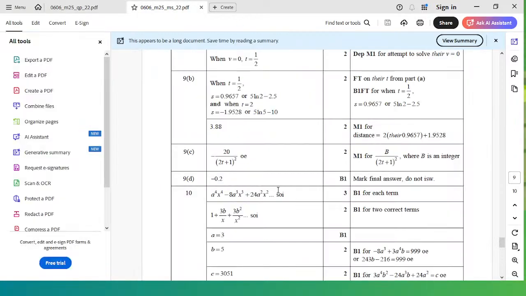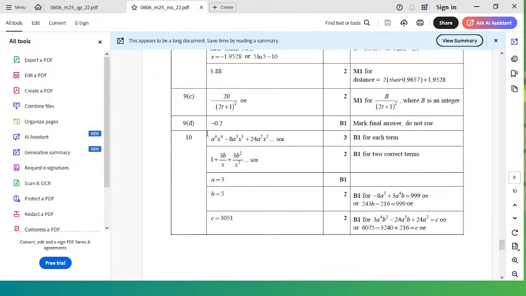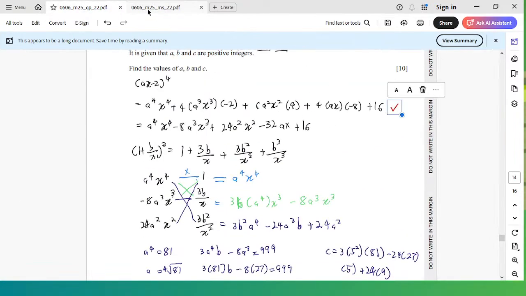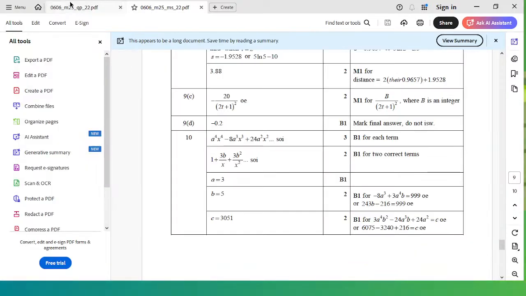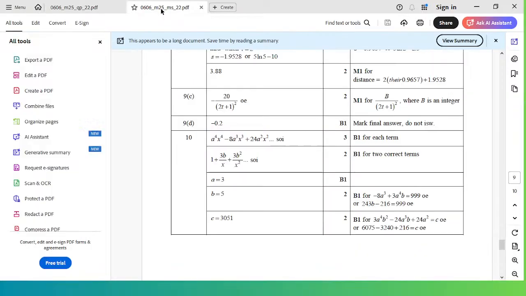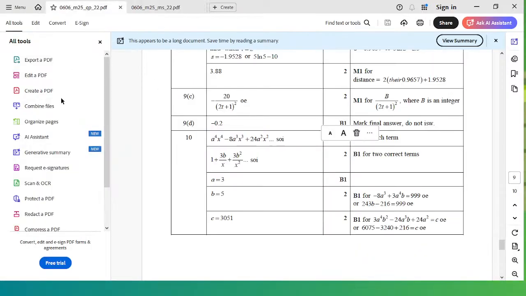Okay, last one. Okay, now the main things, right? This is binomials. A power 4 minus, so for expanding this, you get 3 marks, and for expanding second one, you get 2 marks. So expanding these two, you literally get 3 marks, B3, and B2, which is 5 marks straight off the bat.